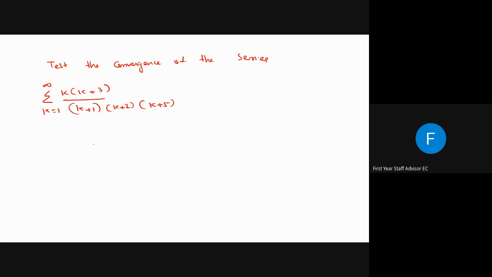By the limit comparison test, we take ak as the given series: ak equal to k into k plus 3 divided by k plus 1 into k plus 2 into k plus 5.